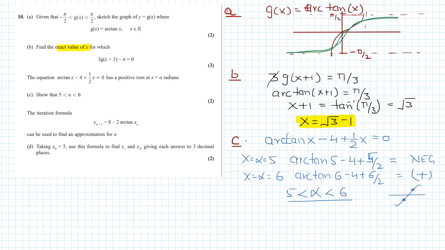Part D. x(n plus 1) is equal to 8 minus 2 arctan x(n).